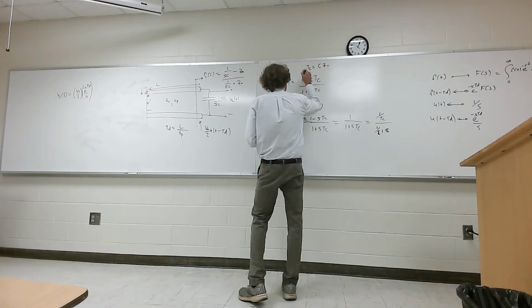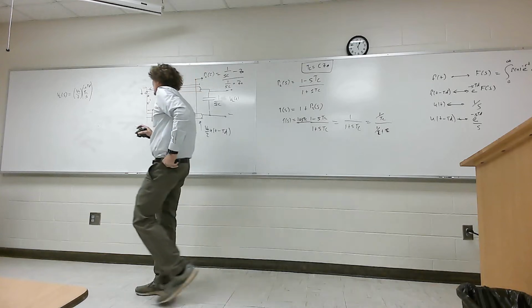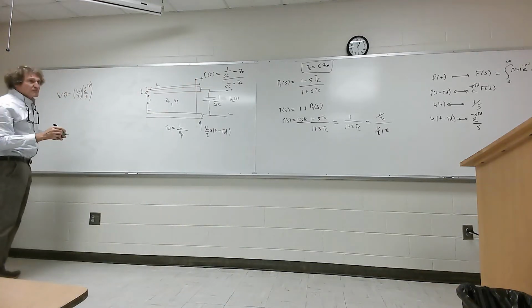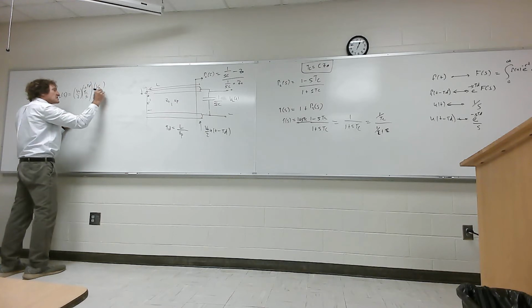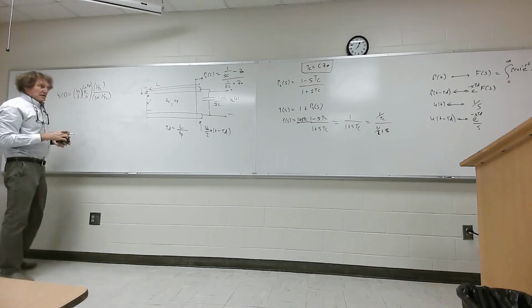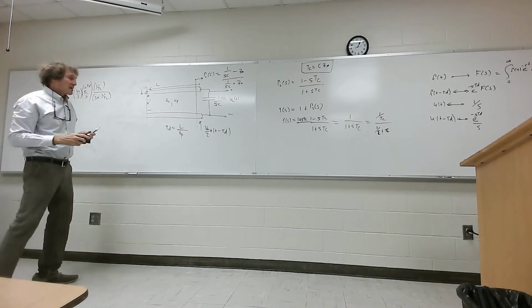Now remember, TC is this right here. It's just Z naught times C. So I have 1 over TC divided by s plus 1 over TC. Everybody okay with that much? All right.